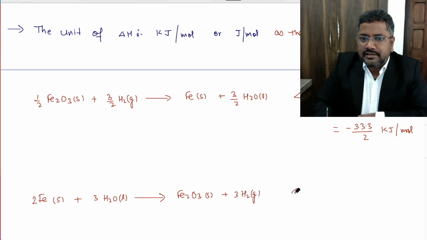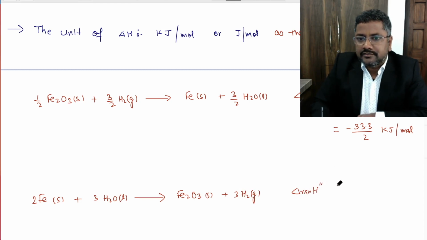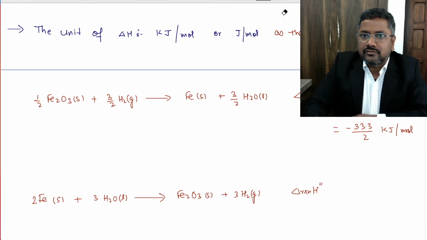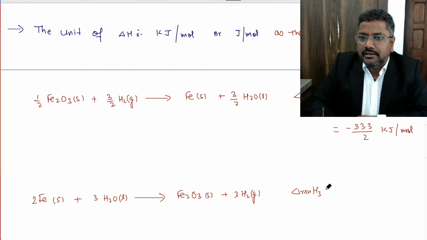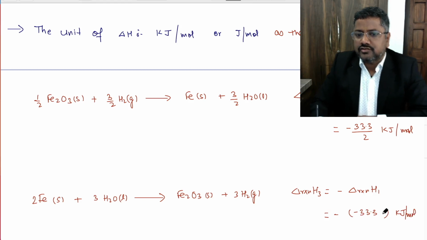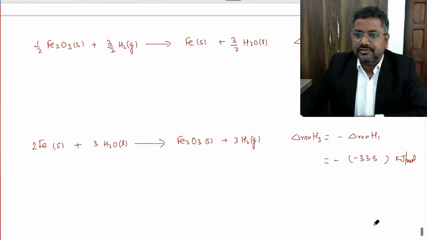If you reverse this, then delta H double dash is equal to minus of delta H1. So this is equal to minus of minus 33.3 kilojoules per mole. This time also you have to write kilojoules per mole, right?